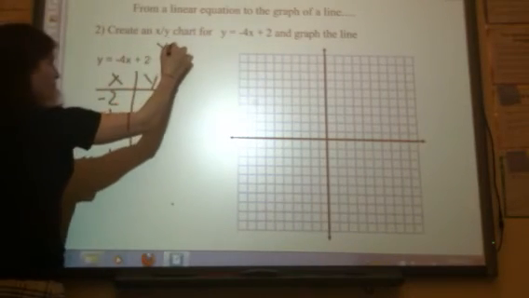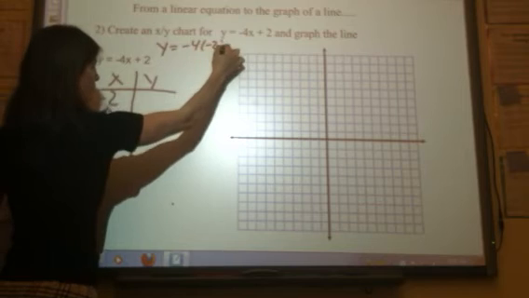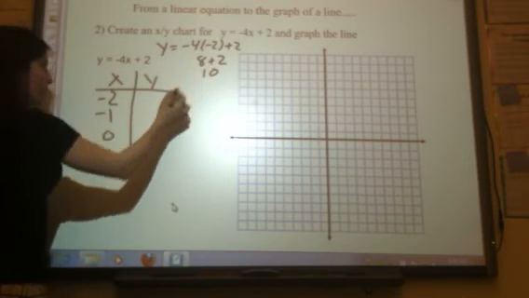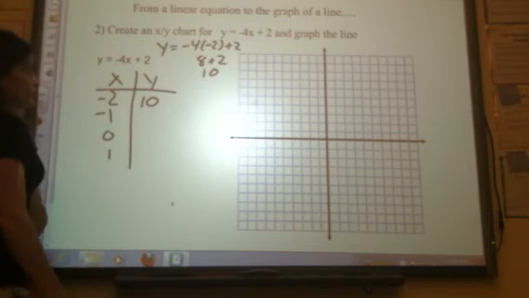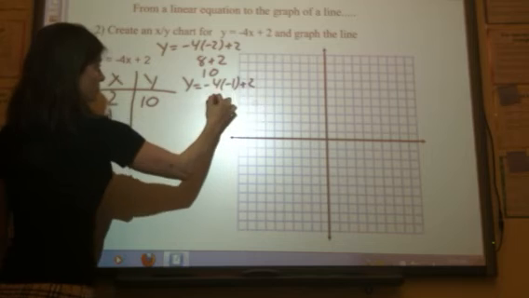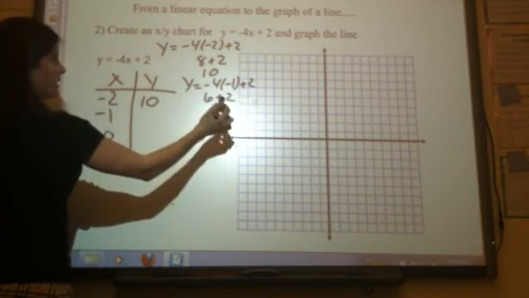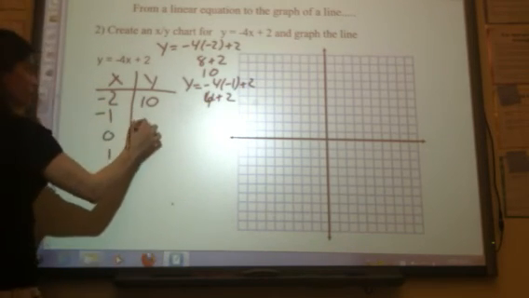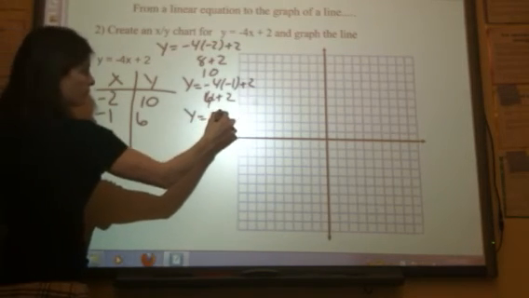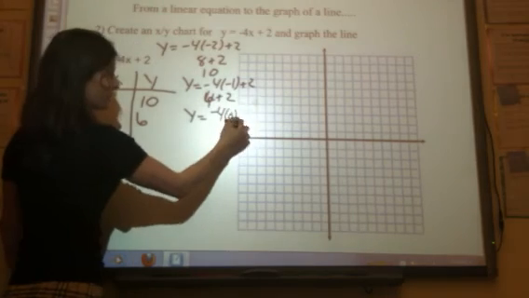When I stick negative 2 in, I evaluate for negative 2. I get 10 because negative, negative, positive. I go ahead and do the same thing for negative 1. 4 plus 2, in the end it's 6. When I stick 0 in, 0 is my favorite because that thing goes away.